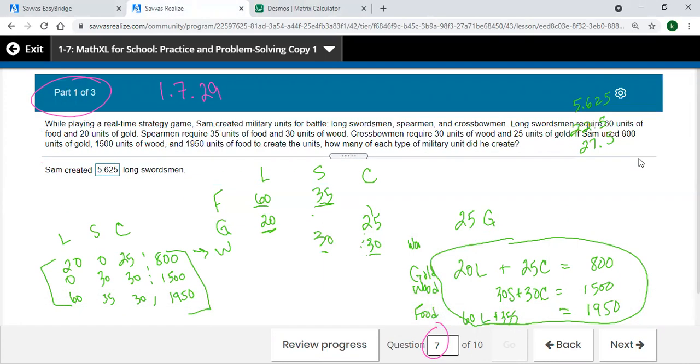So now I go back and try to figure out the problem again. Long swordsman requires 60 units of food and 20 units of gold. Food, I did food, gold, and wood. Yeah. And the long swordsman.